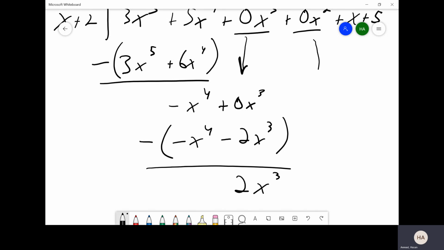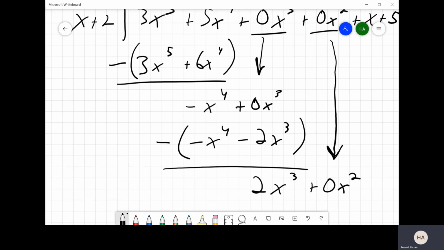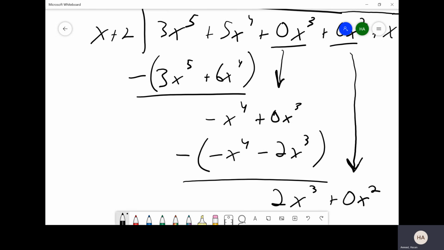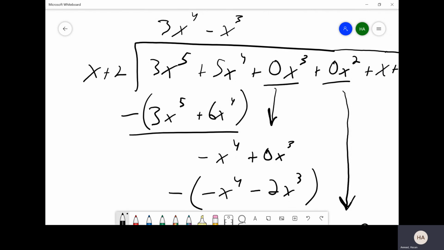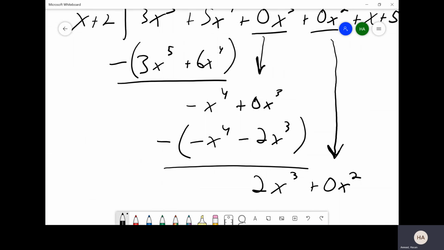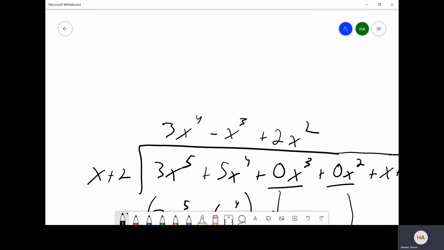Okay, we bring down our next piece. So we bring down the x squared, so our plus 0x squared, and now we play the game all over again, right? 2x cubed. What do I need to multiply x by to give me a 2x cubed? I'm going to go through this one a little bit faster now because we should understand the game. Our coefficient of x is 1. We need to get to a 2, so we know we need to multiply by positive 2, and to get from x to x cubed, we should have an x squared here.